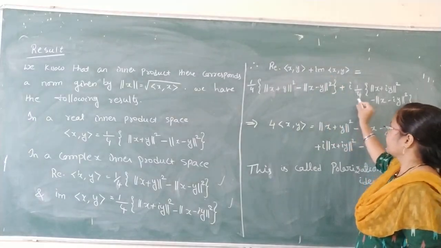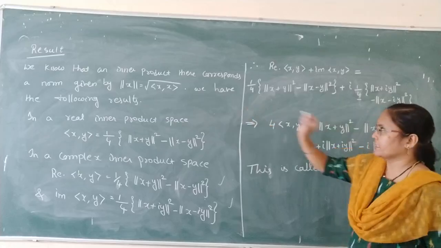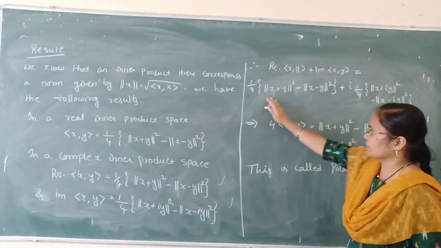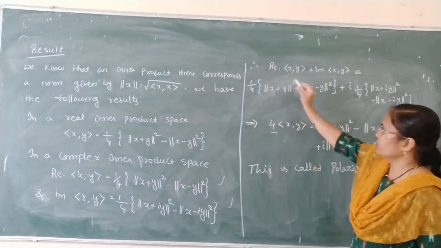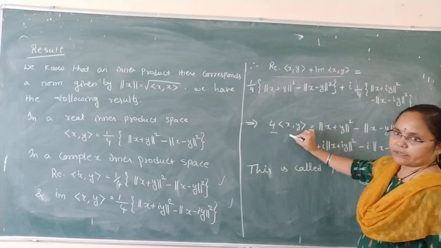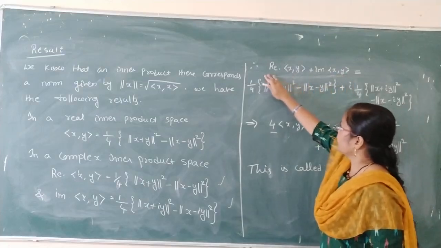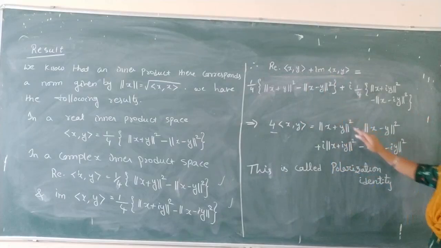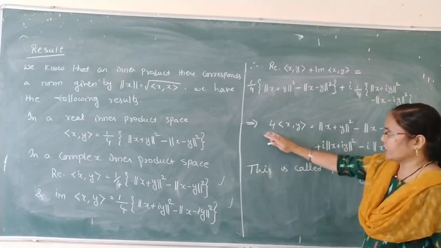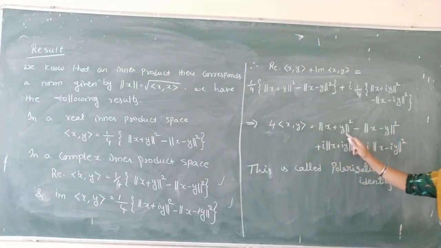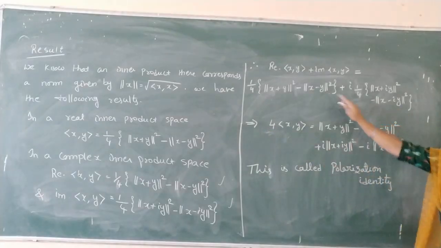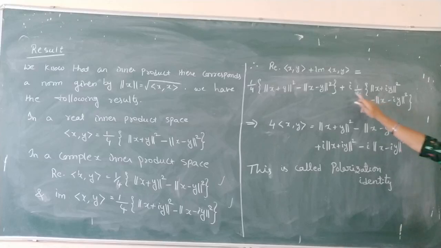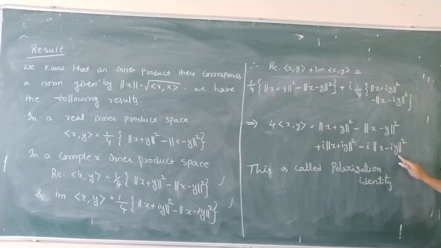Sending this 4 from the RHS to the LHS, 4 into the inner product x comma y is equal to norm x plus y whole square minus norm x minus y whole square plus i into norm x plus iy whole square minus i into norm x minus iy whole square.